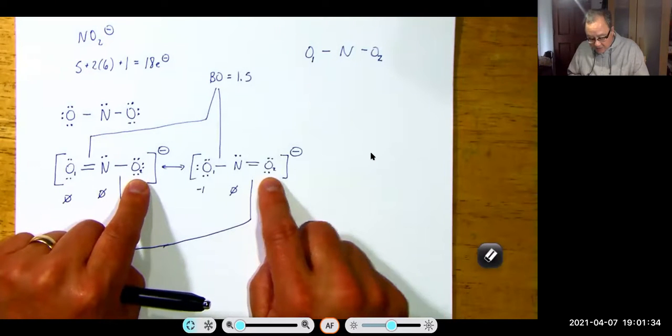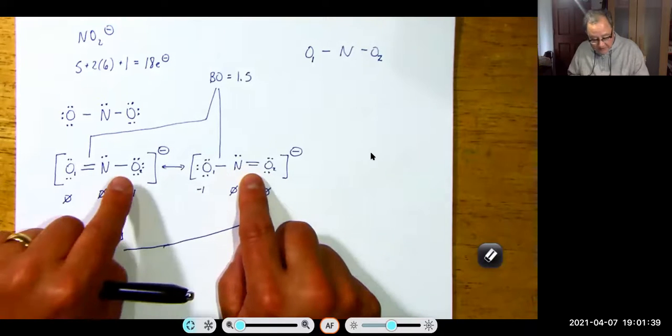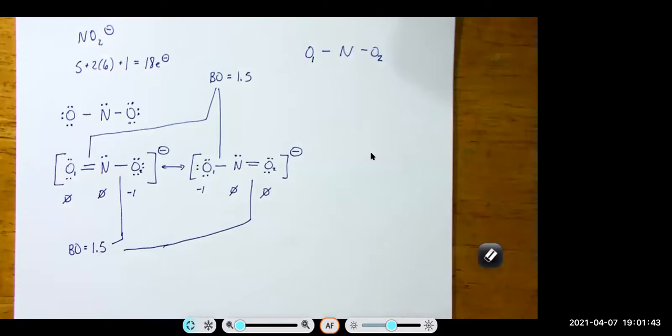So what is the bond between this nitrogen and this oxygen if it's a 2 here and a 1 here, and both of these are equal? Well, it's an average of the 2, 1.5. Okay. So this is just like our previous problem.